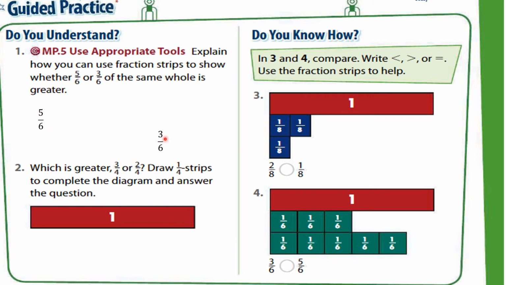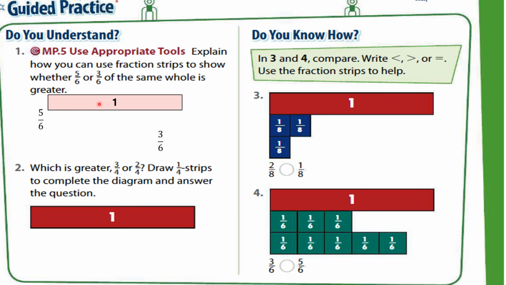Okay, so let's draw a fraction strip to see which fraction is greater, as it is given in the question that use a fraction strip. So here is my whole and I have to divide it into how many equal parts? Very good, 6 equal parts, because the denominator of the whole is 6.